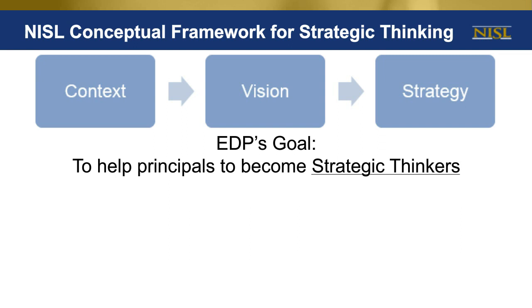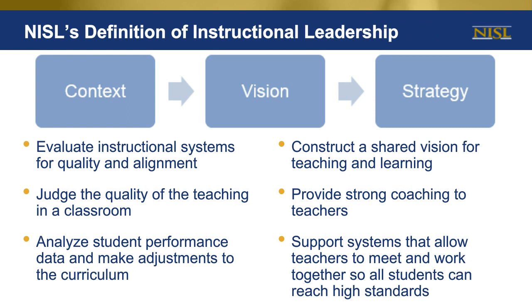You still see the 3 boxes at the top of this slide, but on this slide, you see the different components that we feel are a part of this idea of instructional leadership. Whether you look at that definition holistically or at those components in isolation, for each one we work with our participants to analyze the context in which they exist relating to that area, and then establish a vision for where they want to go, further operationalizing the strategy for getting there.